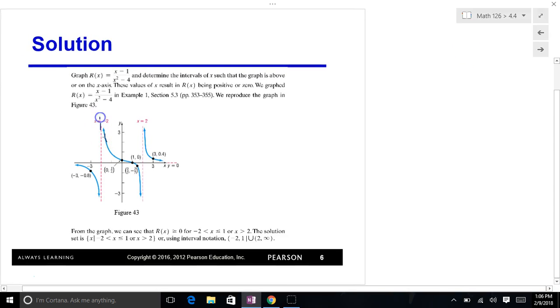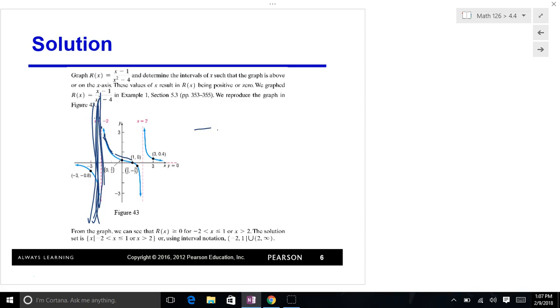Alright, so from here, we're above the x-axis. Well, what x value do you start at? Well, right here at -2, but we're not going to hit that -2, so we cannot include the -2. Do not include it because we got to be strictly above the x-axis.